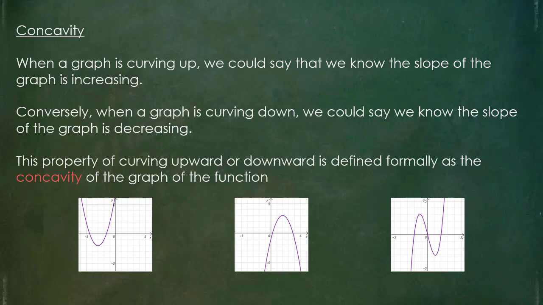So if we look at the examples here at the bottom, with the first one, we have essentially a parabola. If I were to sketch a few tangent lines along this graph, on the far left it would be an extremely negative slope. So the further left I am on this graph, the more negative the slope is.